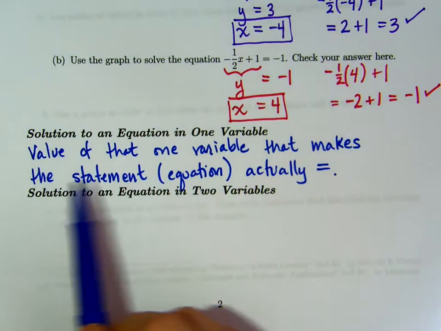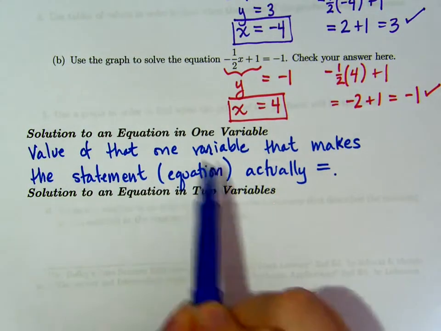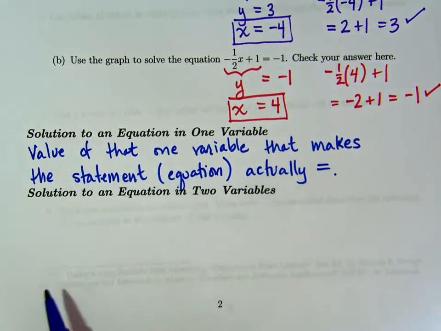It is the value of that one variable that makes the statement or the equation actually equal. And you should be able to check it. It would be easy to find a lot of non-solutions, but sometimes we like to have the real solution.